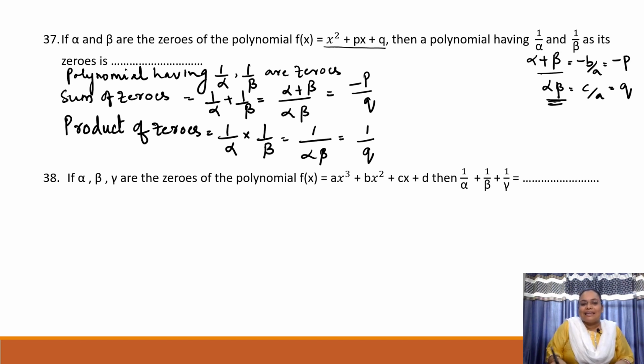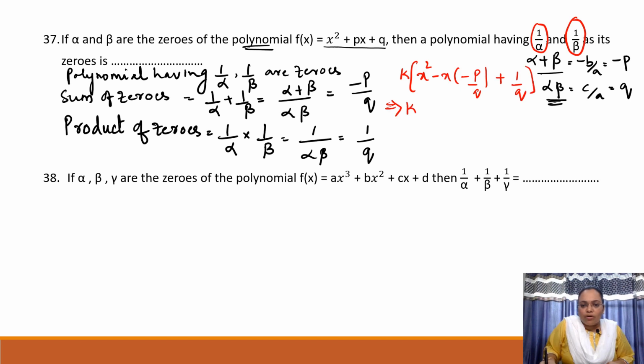Now we can easily find the polynomial, which is k of x square minus x of alpha plus beta, that is the sum of zeros, which is minus p by q, plus the product of zeros, 1 by q. K of x square plus x of p by q plus 1 by q.